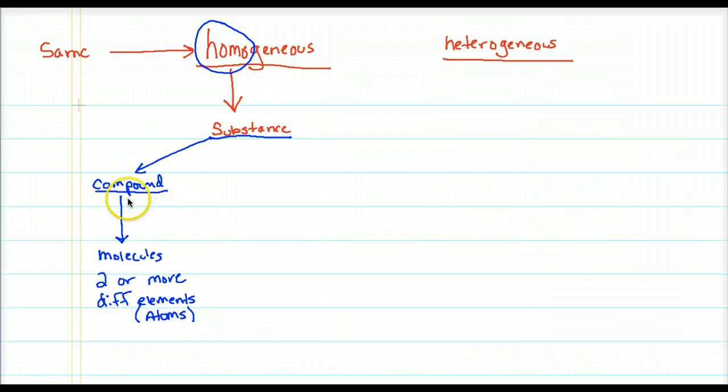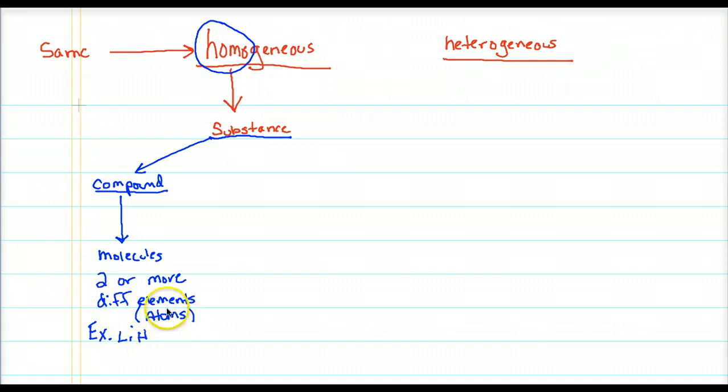Okay, so back to a compound. For instance, lithium hydride is a good example here, and let's put an EX here for an example. Lithium hydride is a compound. Notice 2 different elements. How do I know? 2 different capital letters.